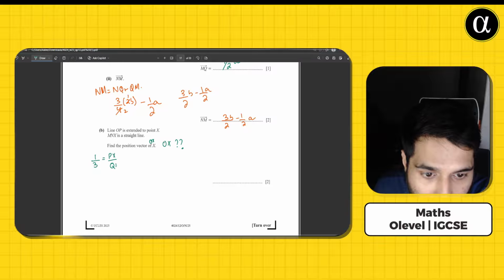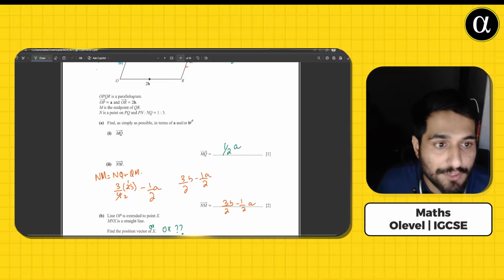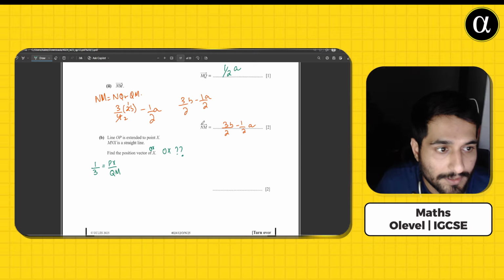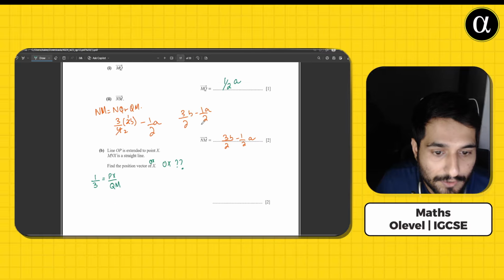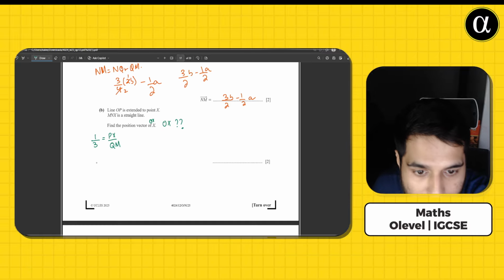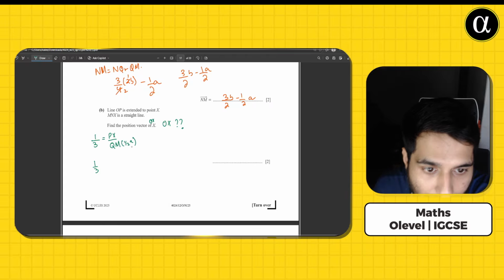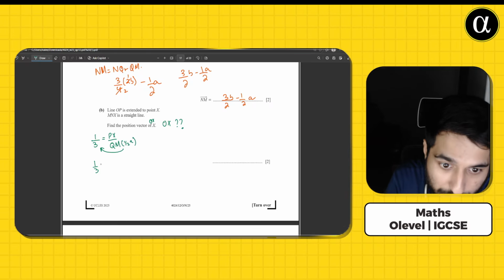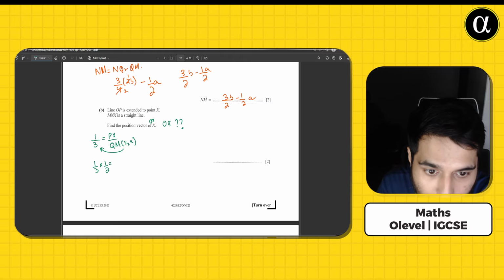Now, do we have any values? Let's see. We have the value of QM to be half of a, correct? So we'd say 1 over 3, multiplied by half of a. This would give us the value for PX, that is going to be 1 over 6 of a.